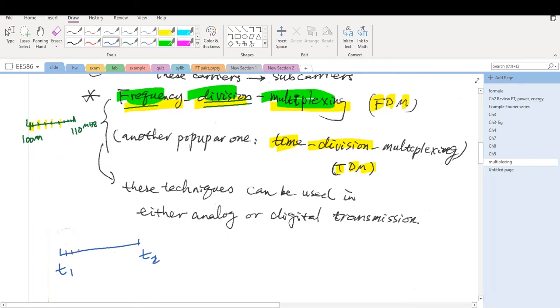I separate this time into smaller portions such that in this portion I can transmit user 1, in this portion user 2, and the next portion user 1 again. TDM has been used in current transmission systems, and in practical systems, FDM and TDM are actually used in combination.